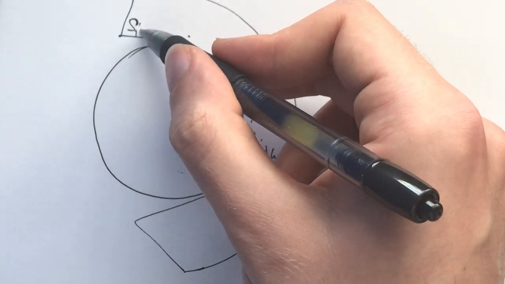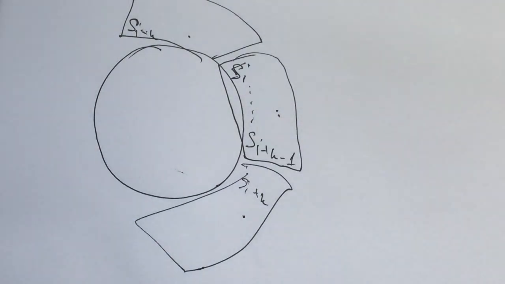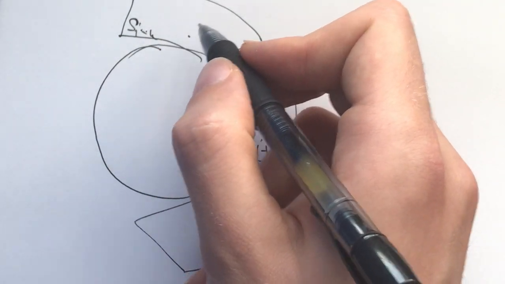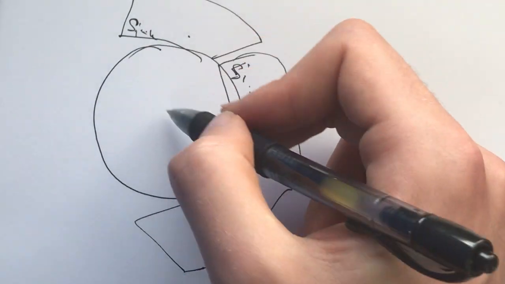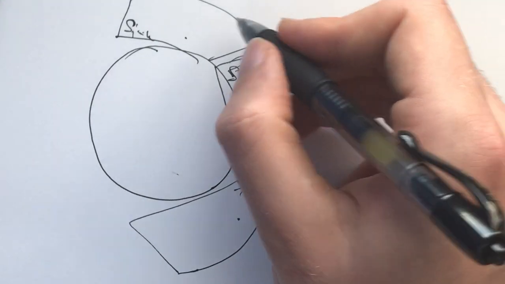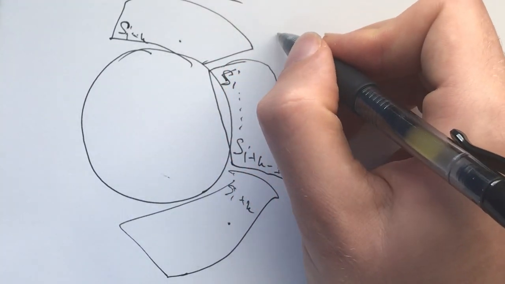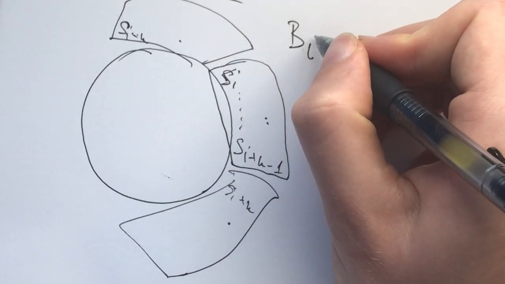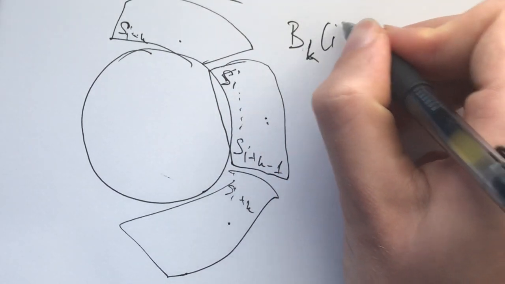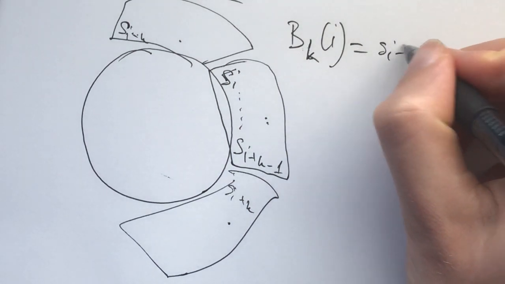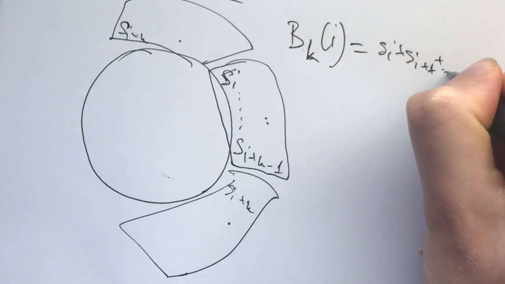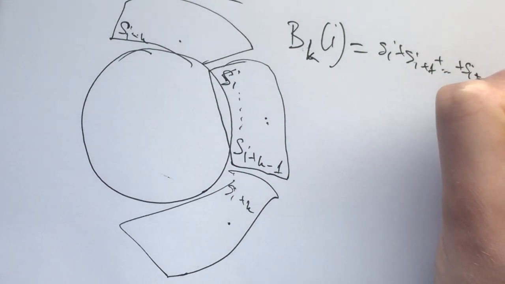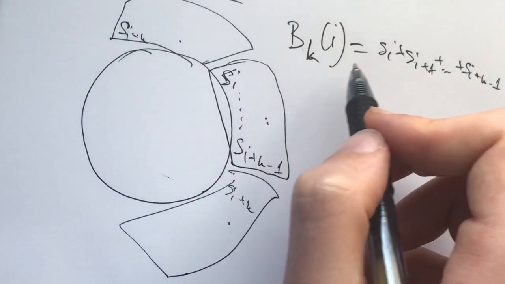So at some point, as we're moving by 1, there has to be a change from the difference being negative to the difference being positive. And if you look at the sum of these two consecutives, let's call this sum b. Let's define it by b_k(i) equal to S_{i+1} all the way till S_{i+k-1}, like the number of boys.